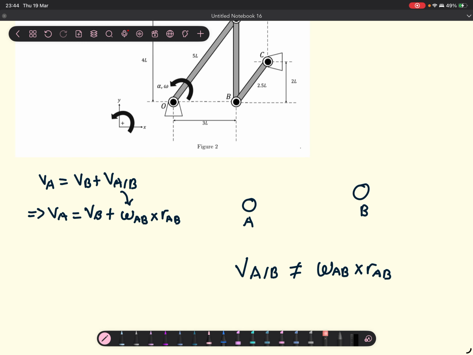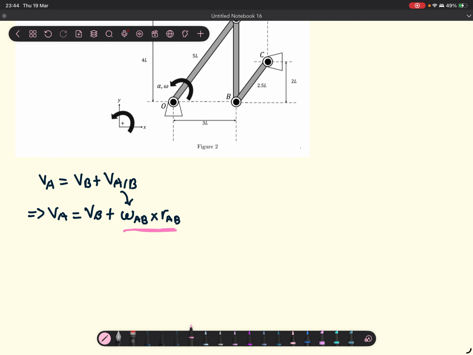So in short, this is only true for 2 points on the same rigid body. And if the 2 points are not on the same rigid body, it doesn't mean that the relative velocity is automatically 0. Okay, I hope that makes sense.